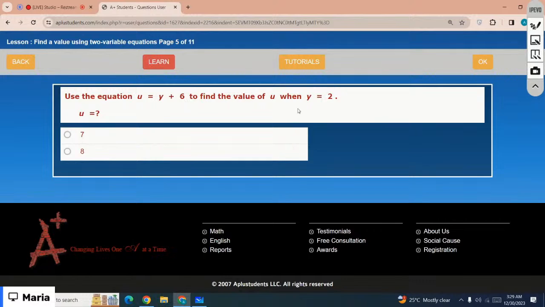The correct option is 8. It is right. Option number 2 is the correct option.